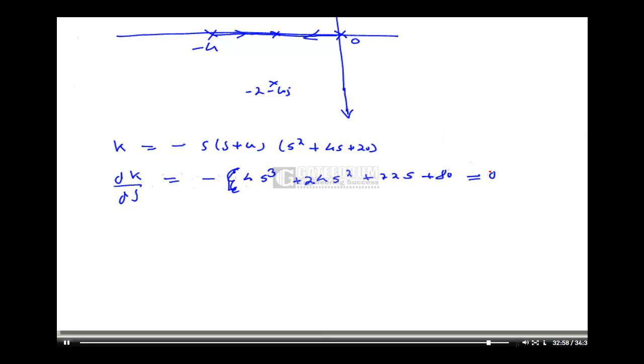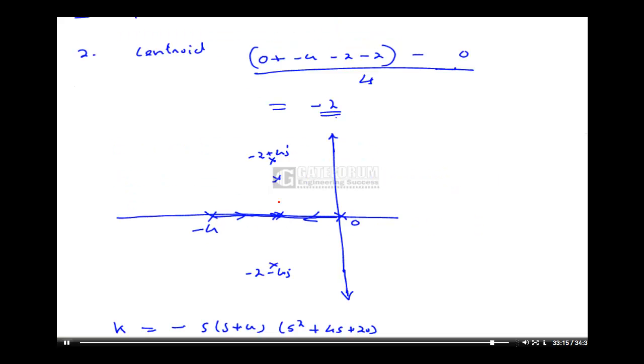Equating this to 0 and solving, I will get s equal to minus 1 at one point and s equal to minus 2 plus minus j2.45 as another point. So now there will be three breakaway points, one at this point, another somewhere at this point.